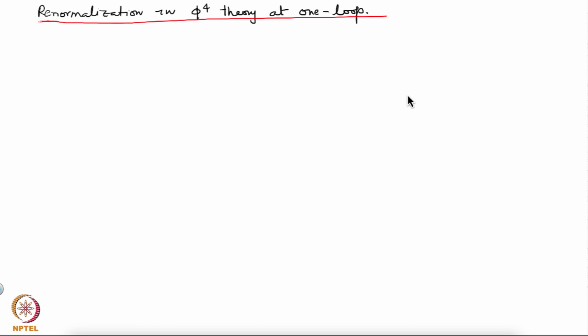Let's review what we have done so far. We have succeeded in making the two-point function finite up to order lambda r.